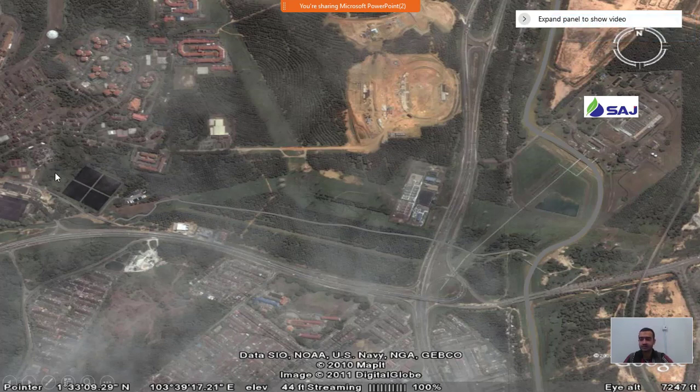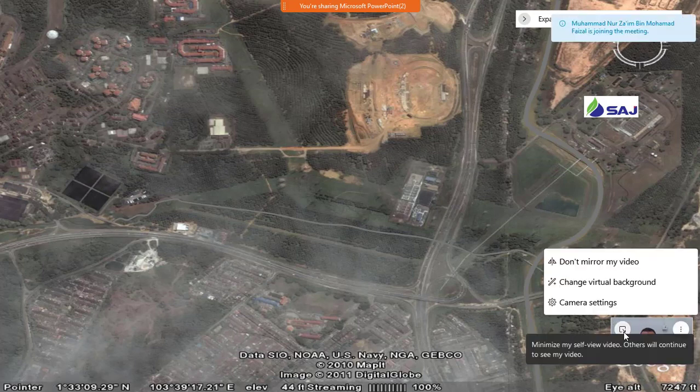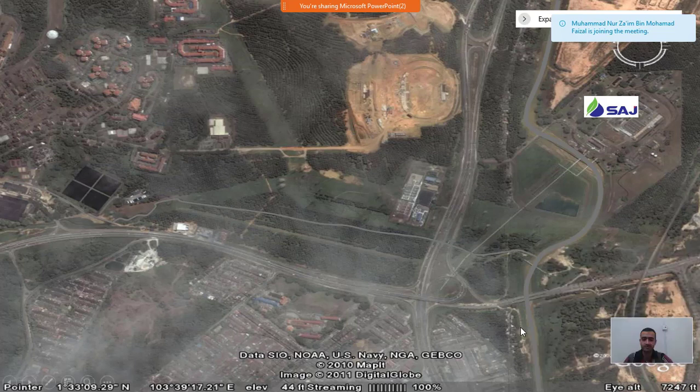This is the wastewater treatment plant, as you can see at the left side of the screen, and here is the discharge line. After treatment, wastewater will be discharged through this line, crossing the main road and then going to the river.